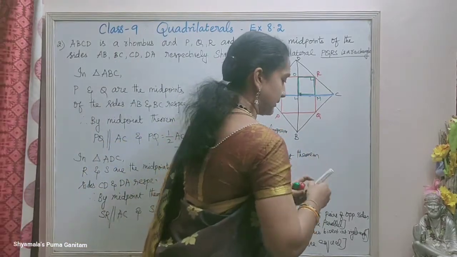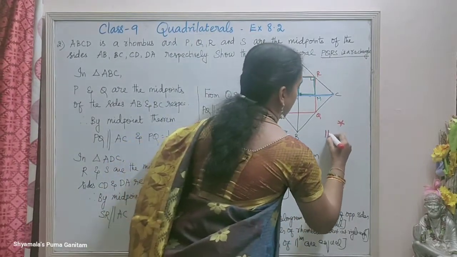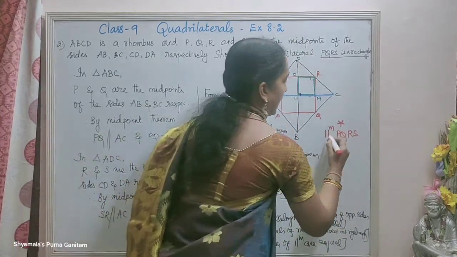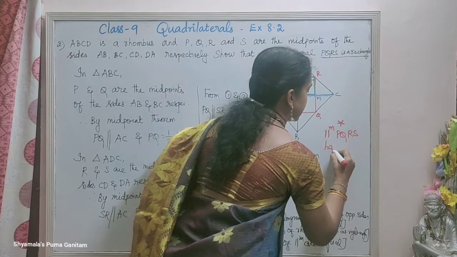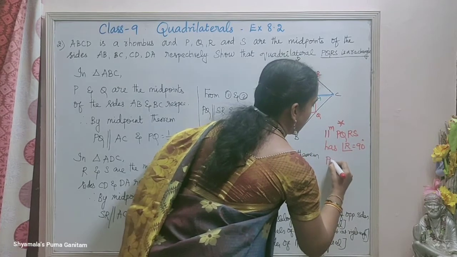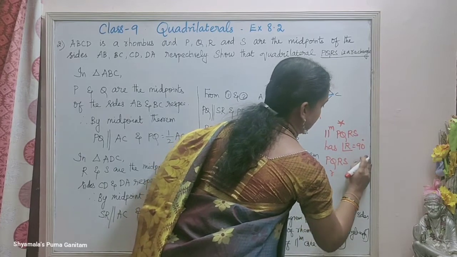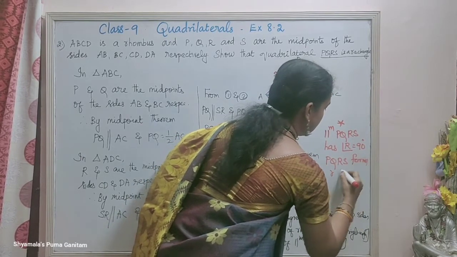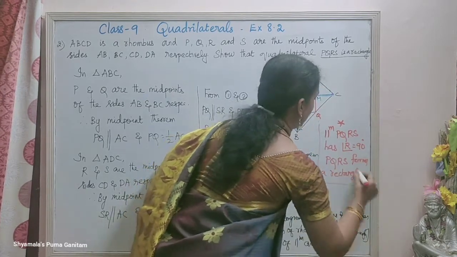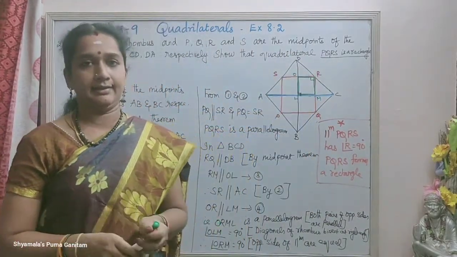So, since parallelogram PQRS has angle R equal to 90 degrees, PQRS forms a rectangle. This is the proof you have to give for proving that PQRS is a rectangle.